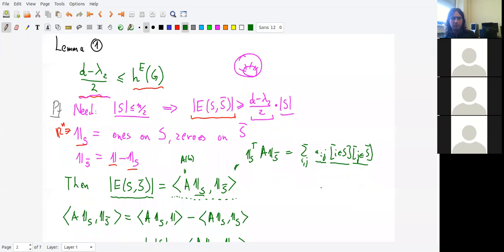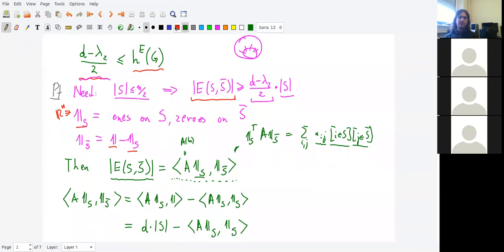I prefer also to view this equality in a more combinatorial way, namely, what is actually this animal? So first, 1 on S is like putting ones on the vertices of S. Now applying A is this idea that I'm essentially making a random walk from every vertex of S.